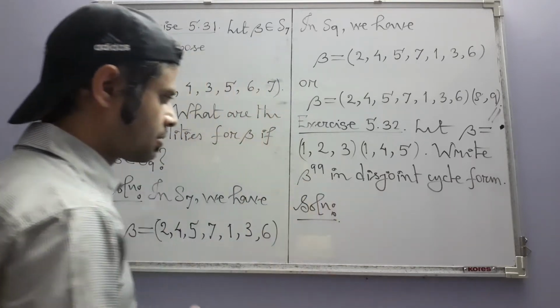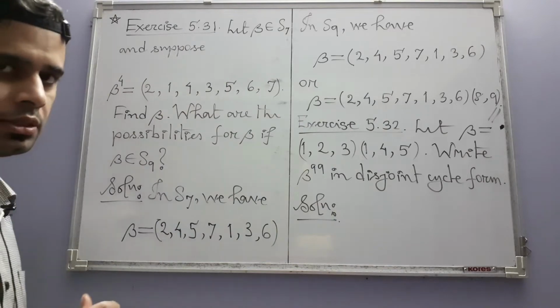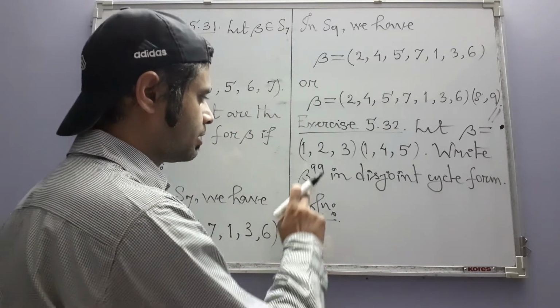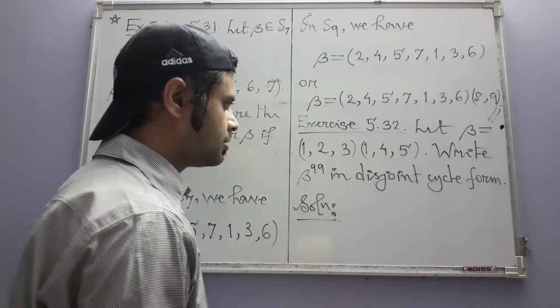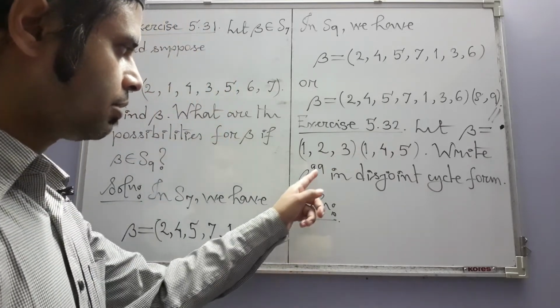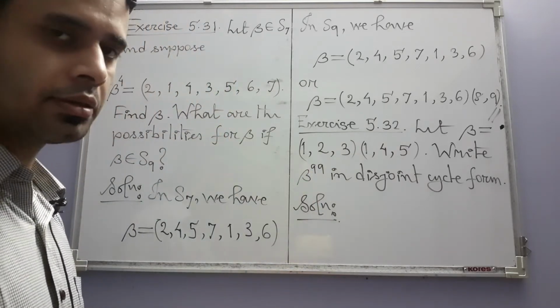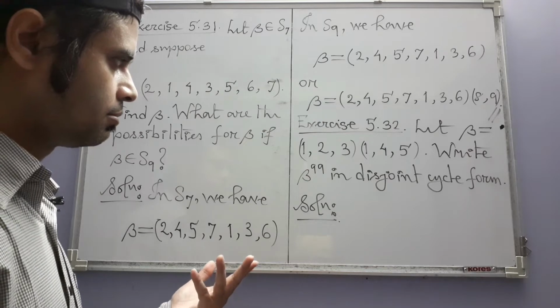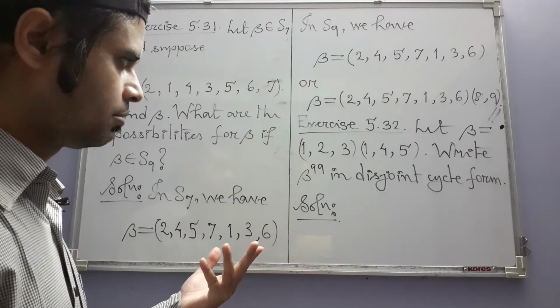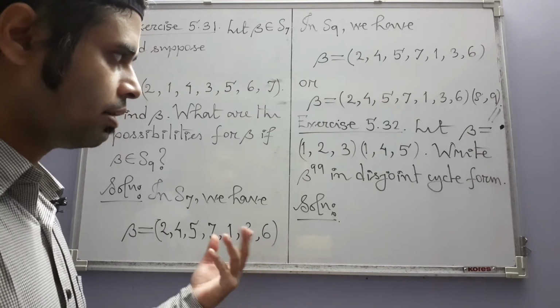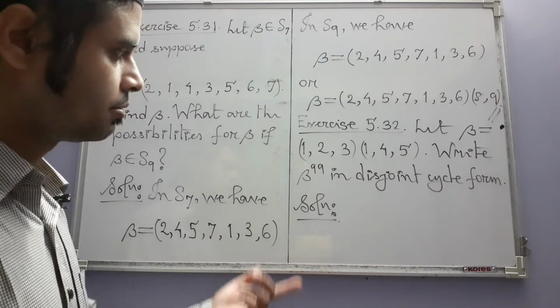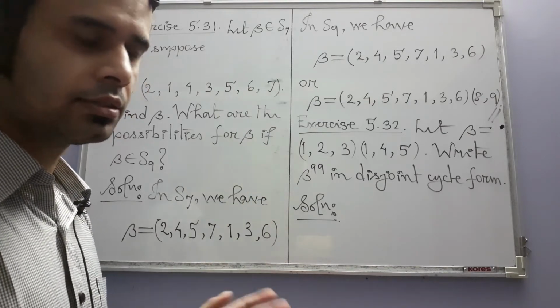In spite of this high value of exponent, you can pretty much understand that because we have 3 cycles, when you calculate this exponent, the multiples of 3 will make things vanish, because 3 cycles have order 3.